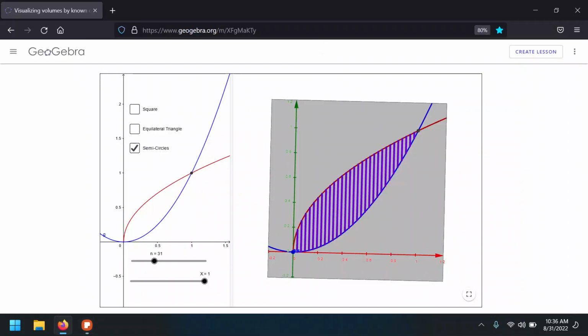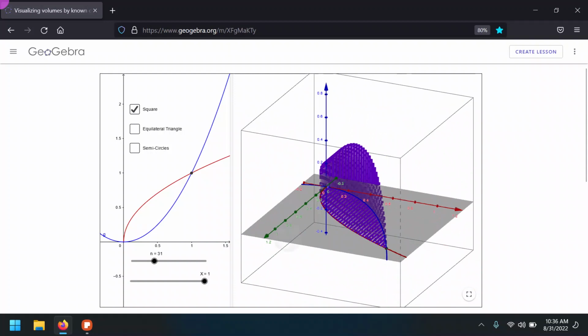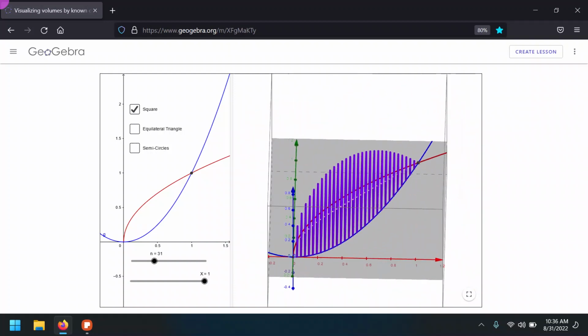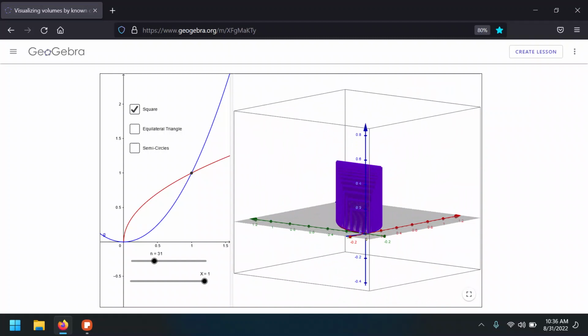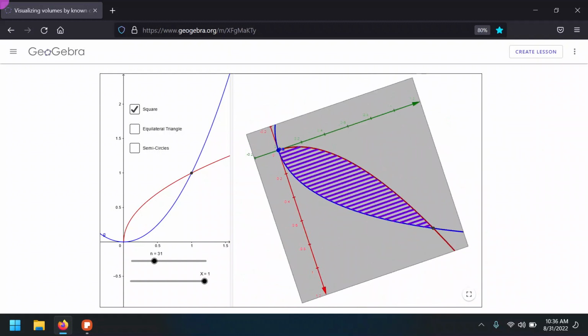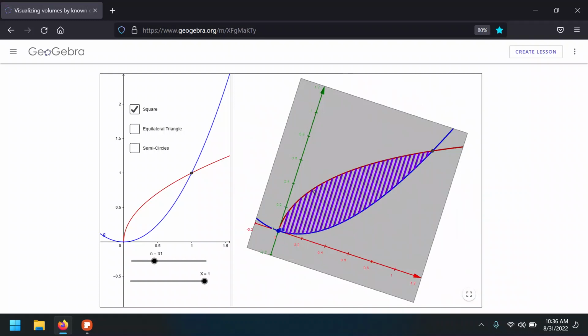Let me go back to the animation. When we have squares, you see these square cross sections, but every single square will have a different dimension based on the distance between the two functions. This square right here is smaller than the square right there due to the distance between those two functions.